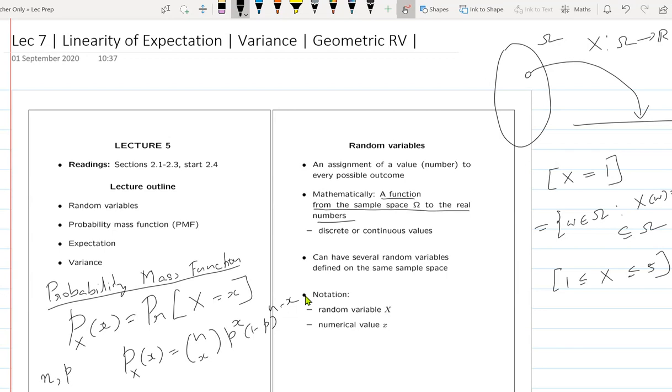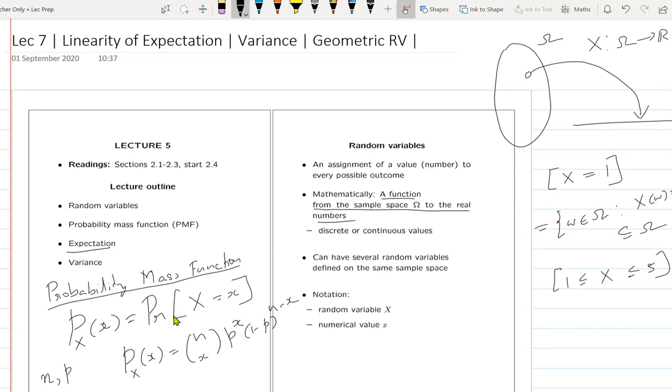We also talked about expectation, which is kind of the average value of a random variable. We said that the average value for the binomial distribution was np. We didn't prove that, but we'll be proving it very soon.